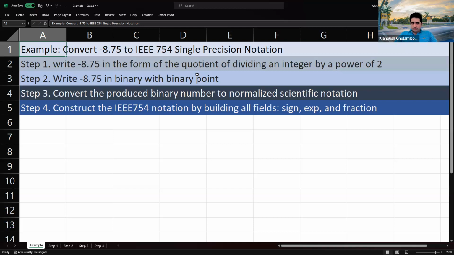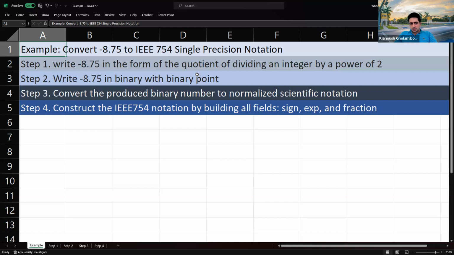That's always the very first step for converting any number to IEEE 754 notation. This number that we have, negative 8.75, will have a representation in the form of dividing an integer over a power of 2. I'll show you how it will look.